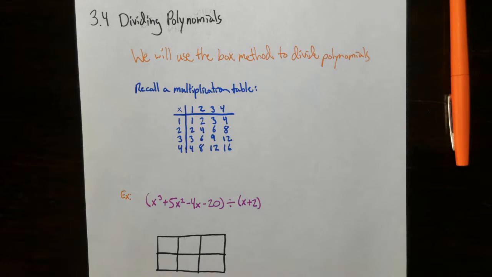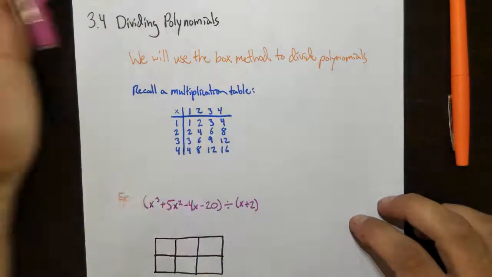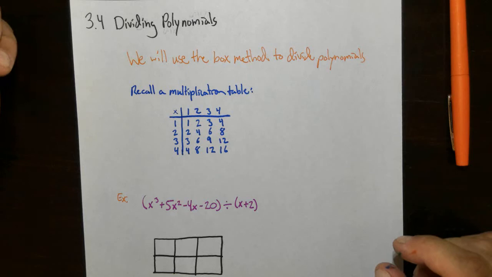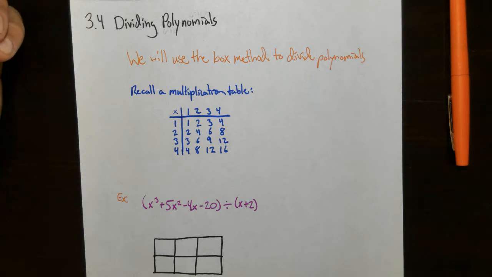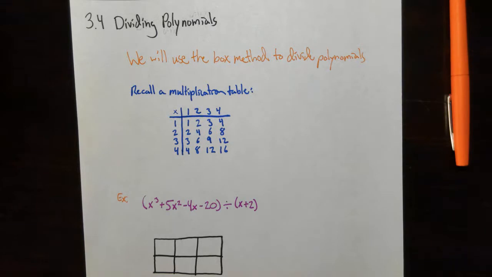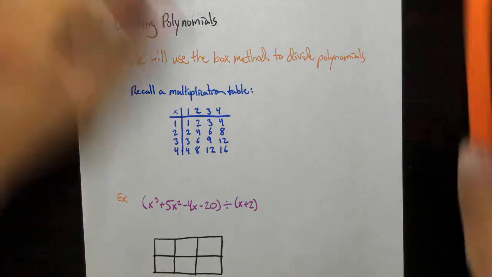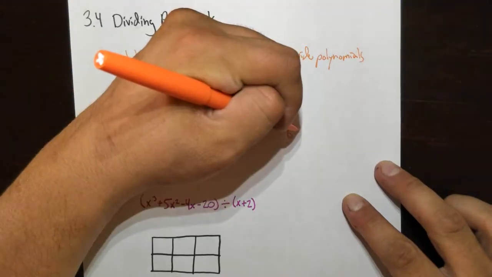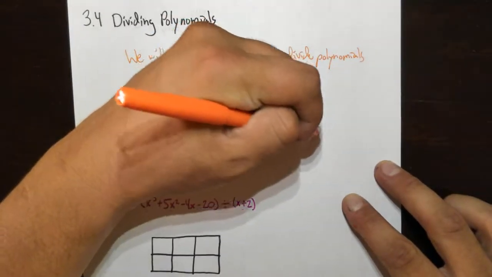So think of what makes up multiplication, or think of what makes up division. We have some product is equal to some function times another function, right? Like 6 equals 3 times 2, right?